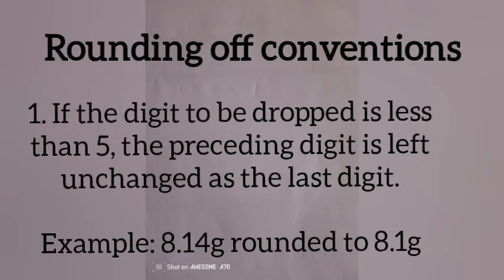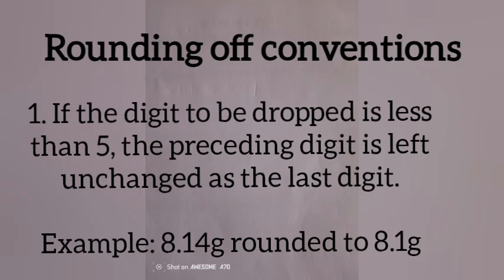Now let's consider rounding off conventions. Number 1, if the digit to be dropped is less than 5, the rule says the preceding digit is left unchanged as the last digit. For example, if we have a measurement that reads 8.14 grams, I want to round off this measurement to two significant figures or one decimal place.